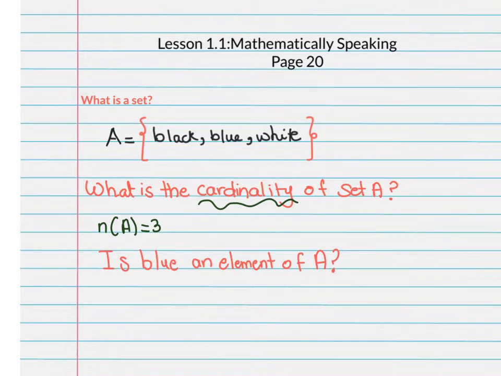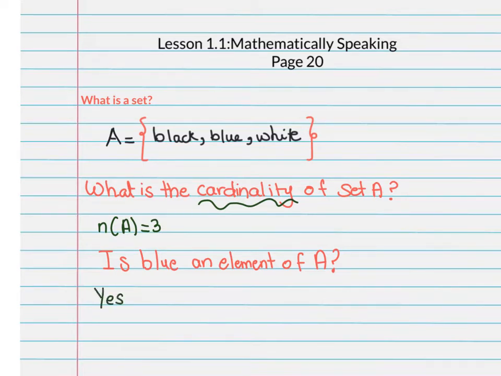Another question would be asked, is blue an element of set A? As you can see here, is blue an element of set A? Yes, I can find the color blue in set A. So the answer would be yes, but now I'm going to teach you how to answer it mathematically.